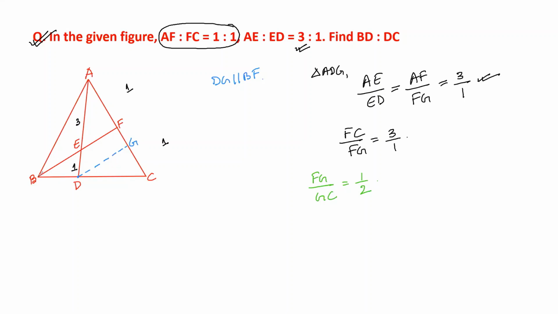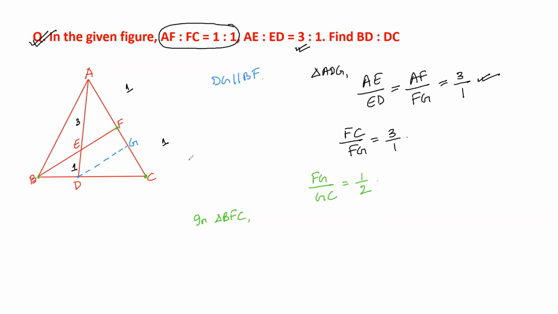Now, if we consider the triangle BFC, in that case, the point D is a point on the side BC, the point G is a point on the side FC and the line DG is parallel to the third side BF.